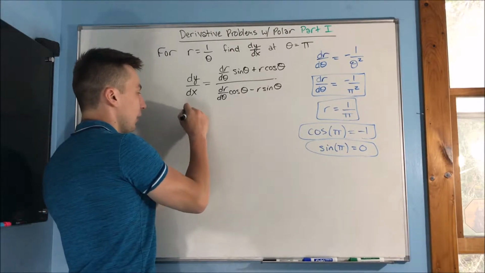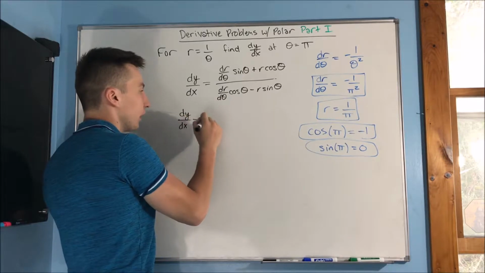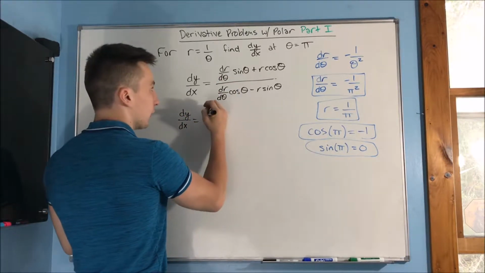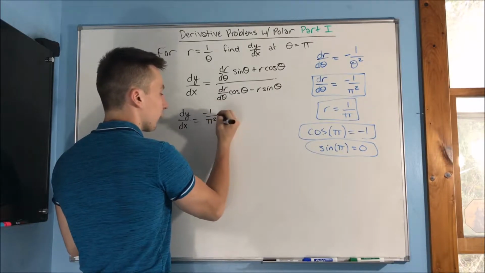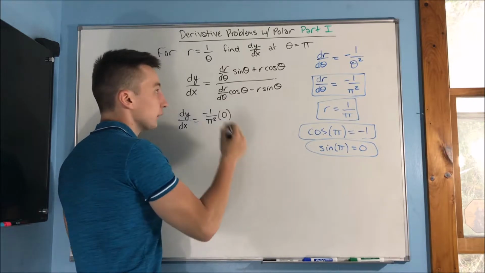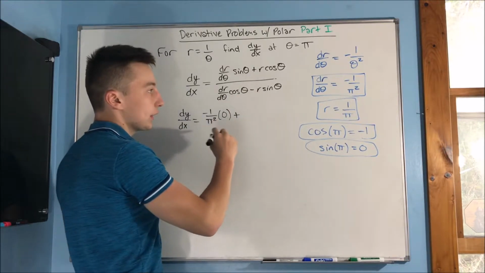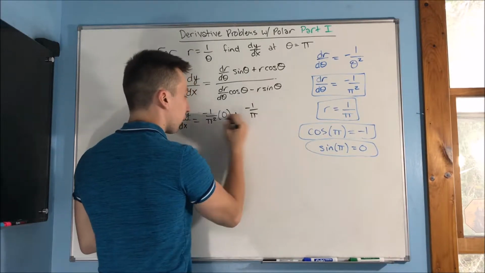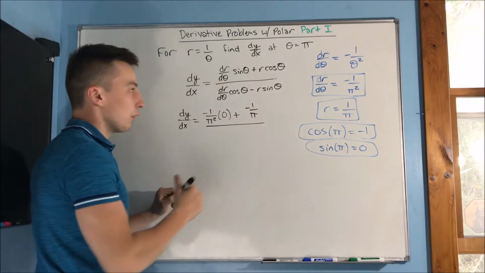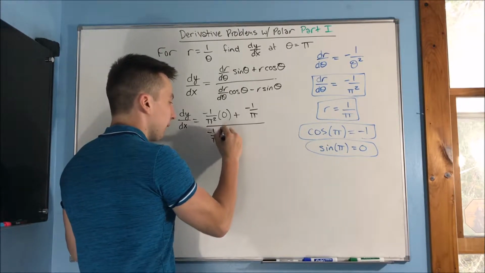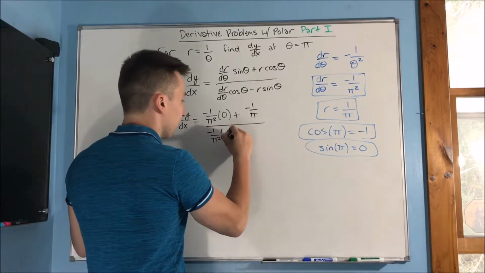So we know that dy dx is going to equal, well, dr d theta is negative 1 over pi squared. We have sine theta, that's 0. We have plus r cosine theta, that's going to be just a negative 1 over pi. That's going to be over, well, our dr d theta is going to be negative 1 over pi squared, multiplied by negative 1.